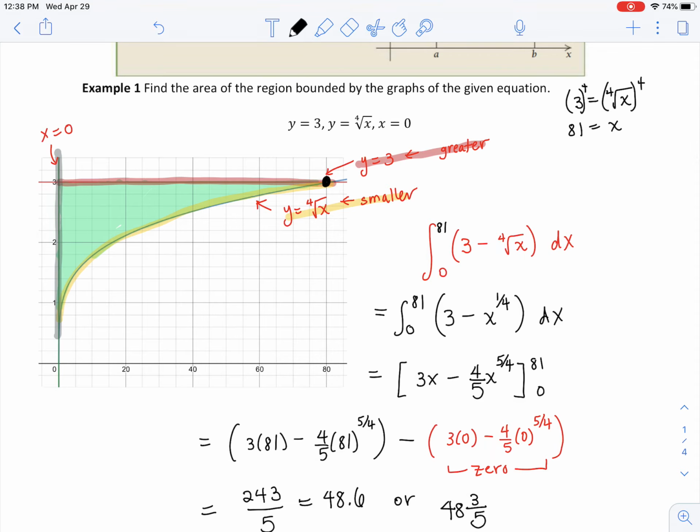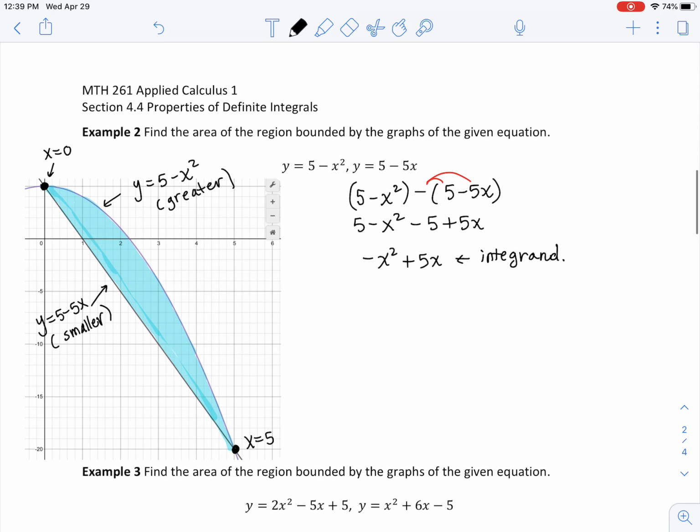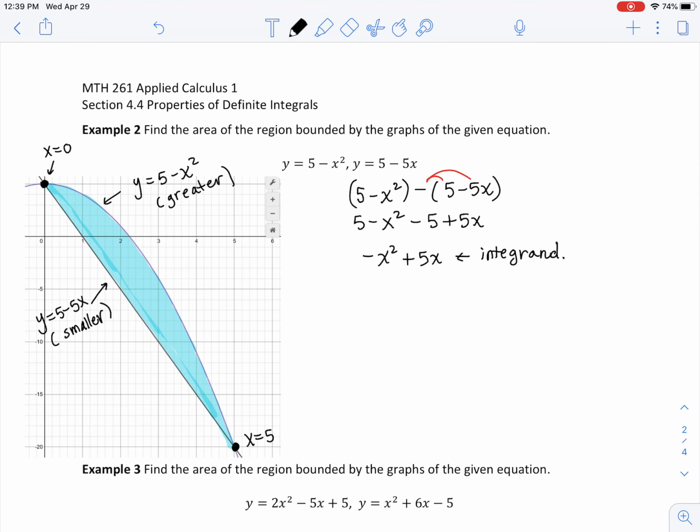But you've seen how I accidentally thought it was 80 up there, but when I actually did it algebraically, it came out to be 81. So don't believe the picture unless you click on these points. Let's find the bounds by setting these two functions equal to each other, because these two graphs are bounded by each other, right?